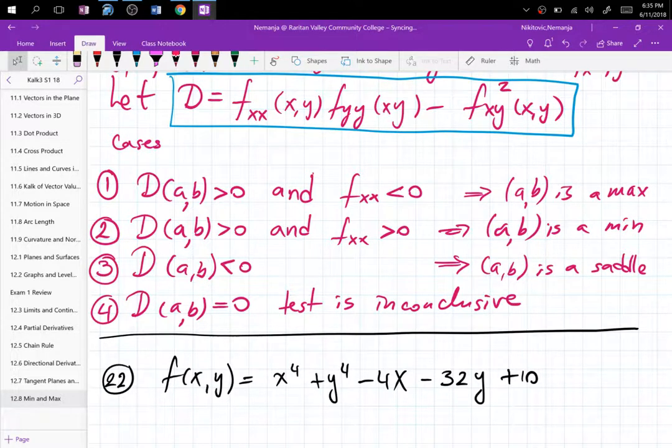I have a question. Is this actually the y squared, or did I write that? So once you find it, you square it all.